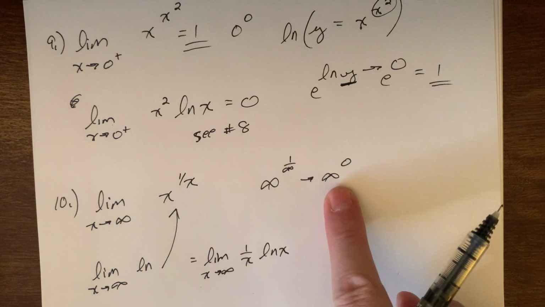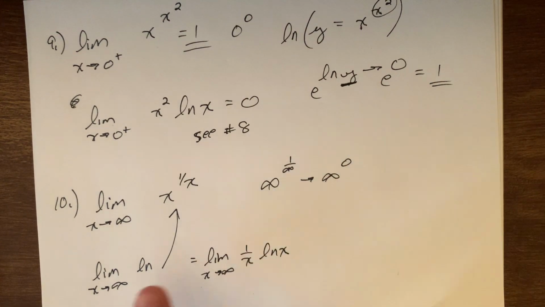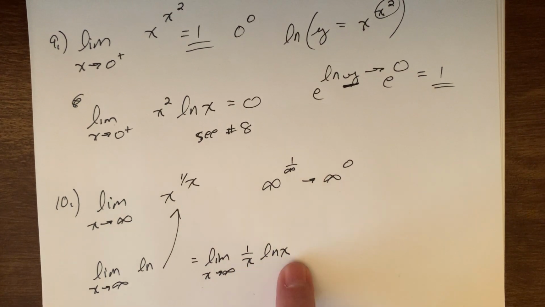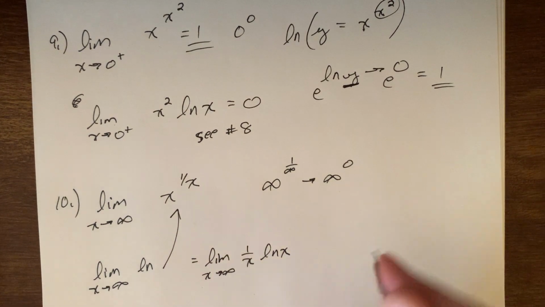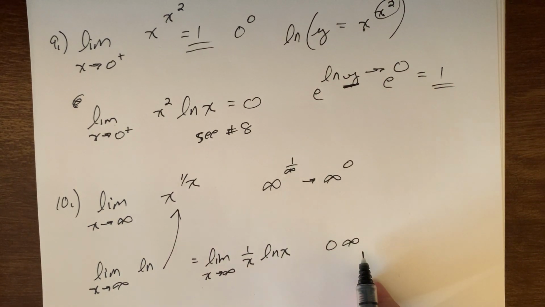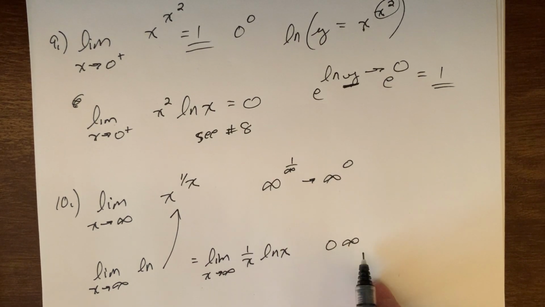And now these exponents start with an exponent issue, but now when we apply the log, this becomes a multiplier. Notice what happens here, 1 over infinity is 0, log of infinity is infinity. So we had an exponent problem, which became a multiplication problem.